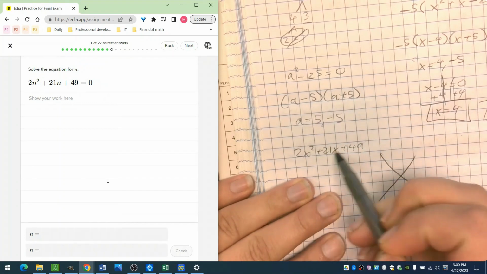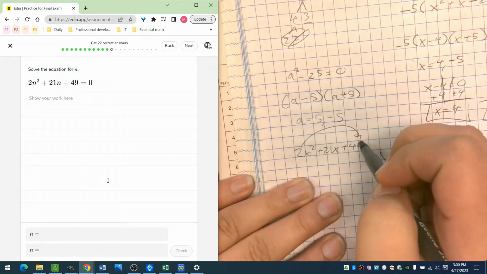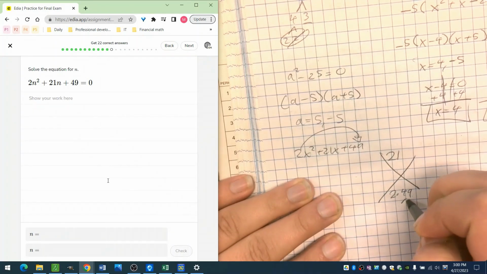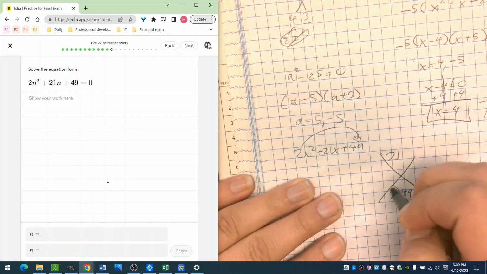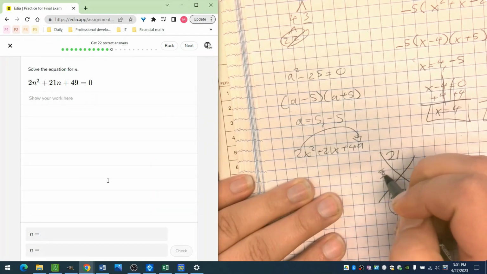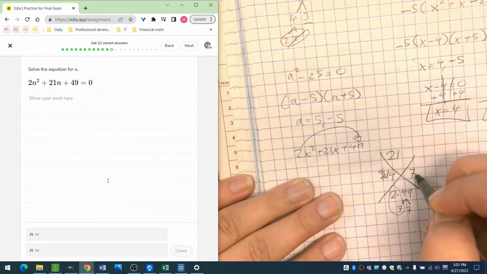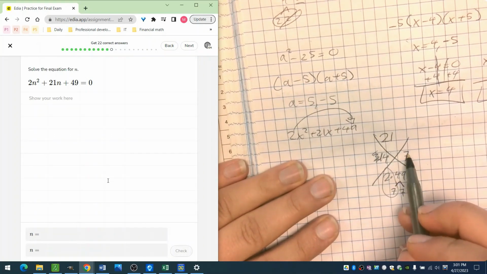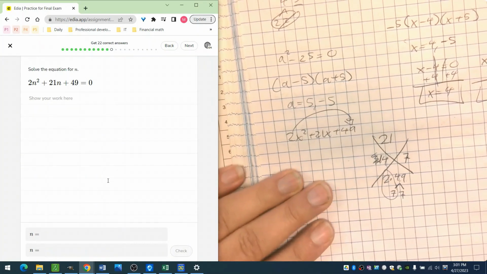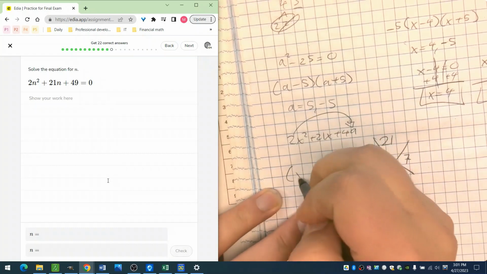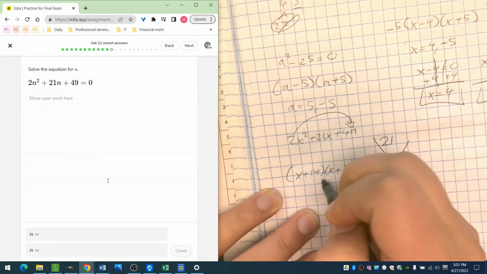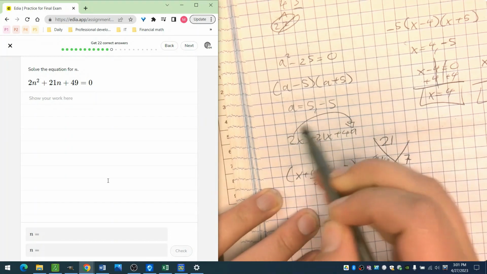Can't factor out a 2 from these, so the 2 multiplies to the 49. 49 breaks down to 7 and 7. Looks like I can do 14 and 7. 14 plus 7 is 21. 14 times 7, 49. Set up my parentheses. Divide by that front number, what you multiplied by.